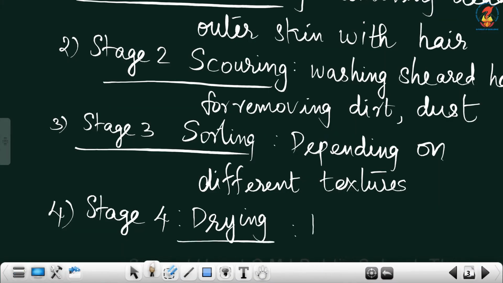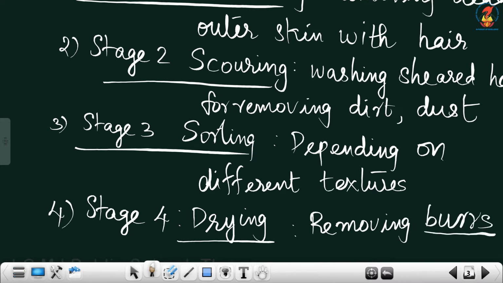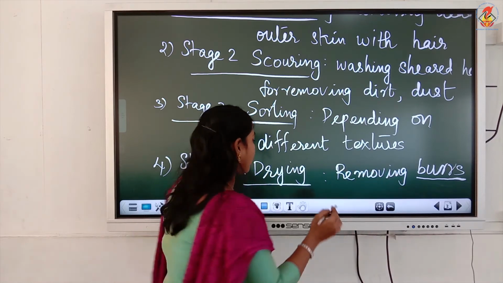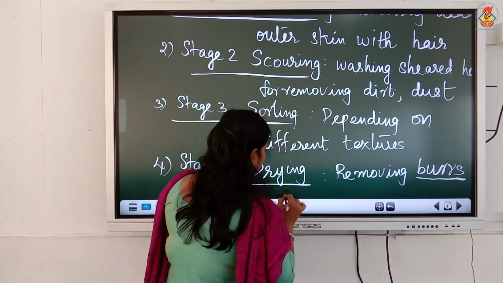First we are removing the burrs. Burr means small fluffy fibers, and that is removed by picking, and after removing the burrs, it is taken for drying.